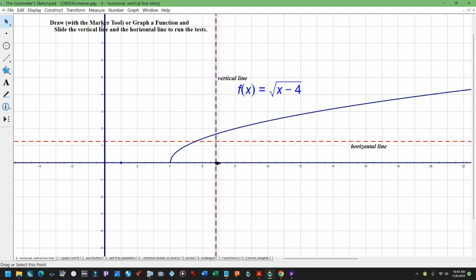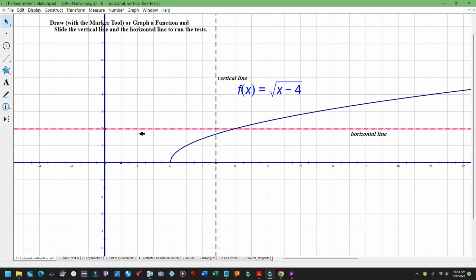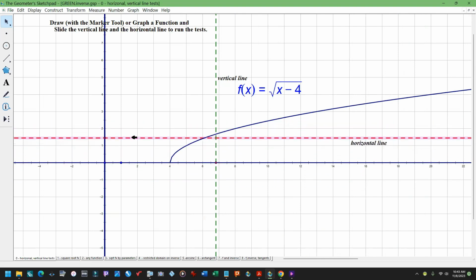In other words, for every x, there's exactly one y, no more, no less. Then you have to see if it passes the horizontal line test. That means for every y, there's only one x. And if both of those things happen, one may take an inverse.